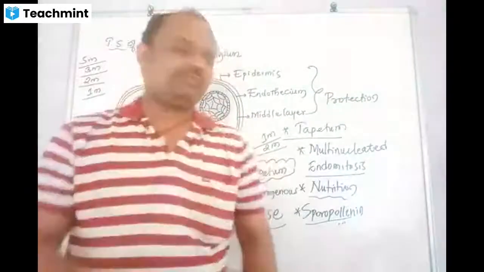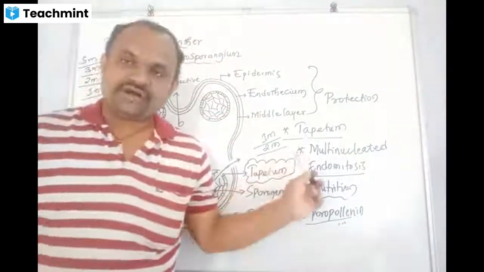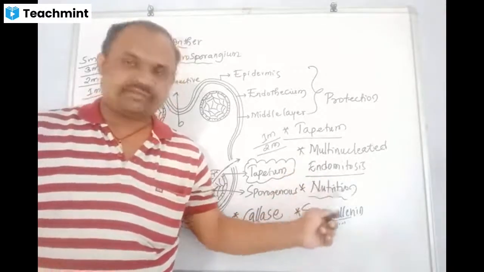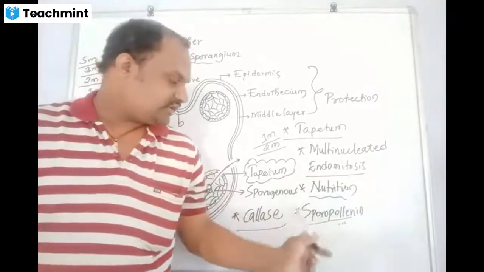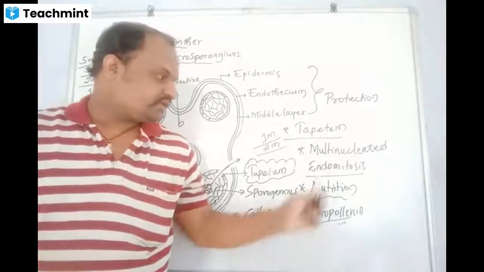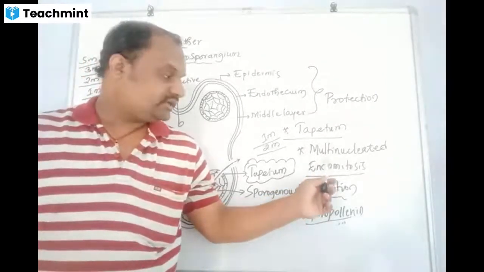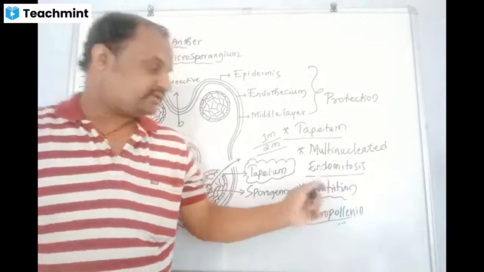So for 2 marks, write the functions of the tapetum. The first function is that the tapetum cells provide nutrition to the developing sporogenous tissue. Second, the tapetum cells are multinucleated because they undergo endomitosis.